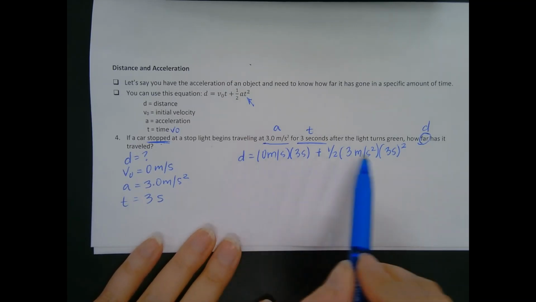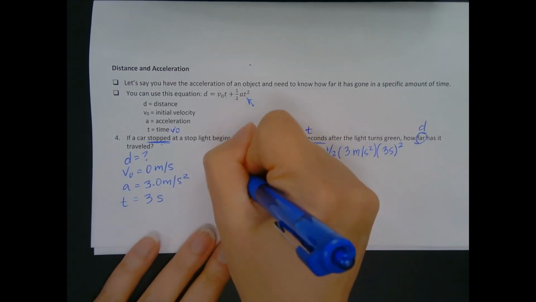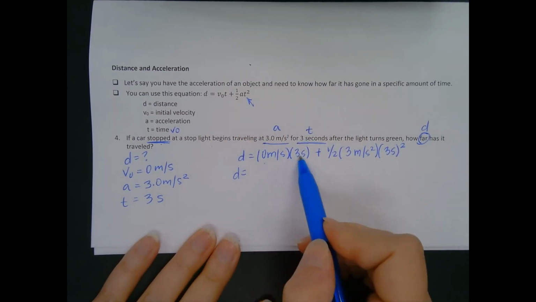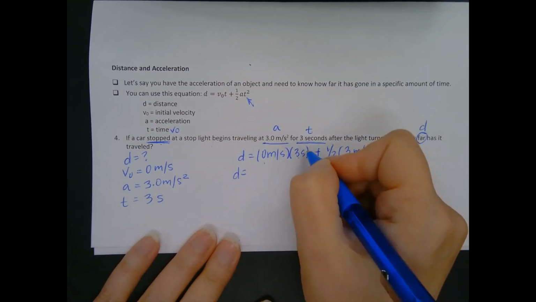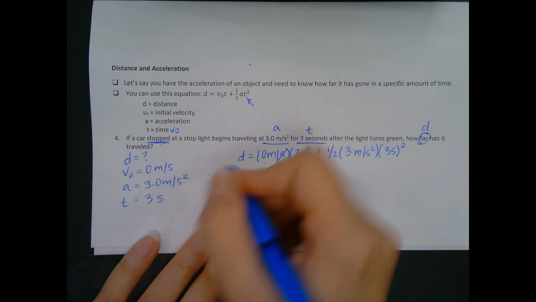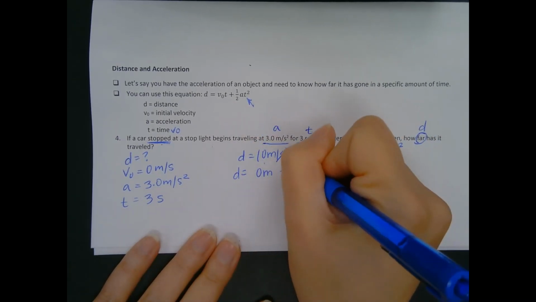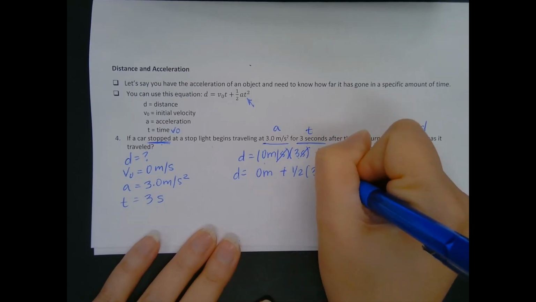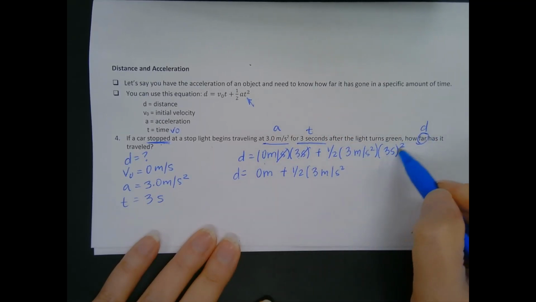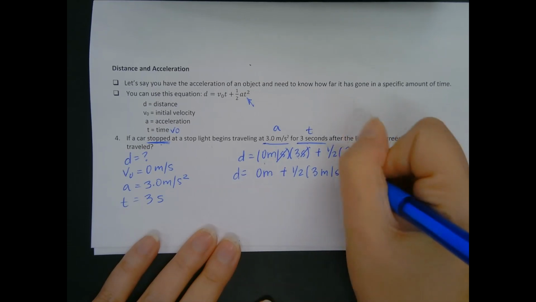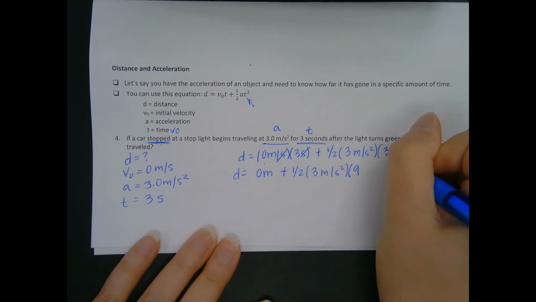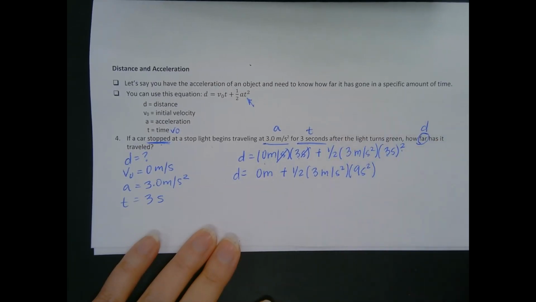All right, so now let's just go stepwise to solve. Distance equals 0 times 3 is 0. Seconds and seconds cancel. So 0 meters plus 1/2 of 3 meters per second squared. I'm going to square this. So 3 squared is 9, and second squared is second squared.